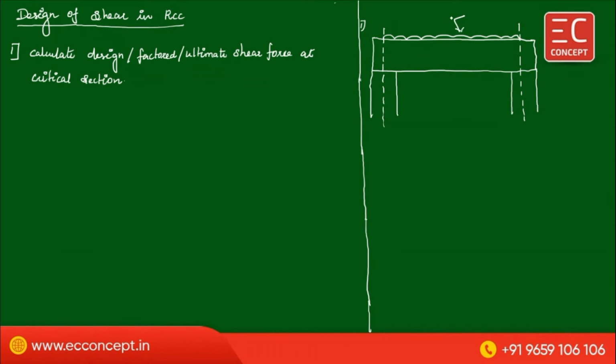Let us take this UDL, for example, as 100 kilonewton per running meter, and the clear span of this, let us take 10 meter. And what is the L effective?